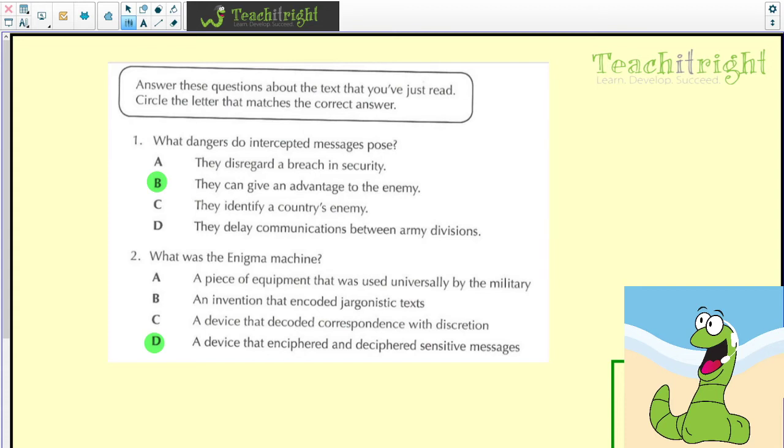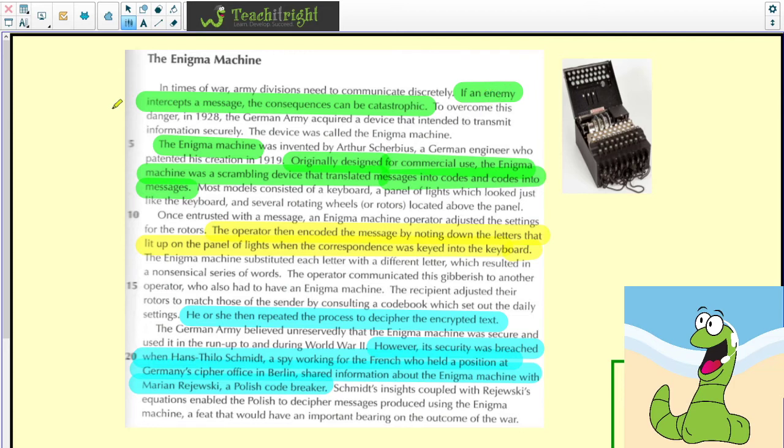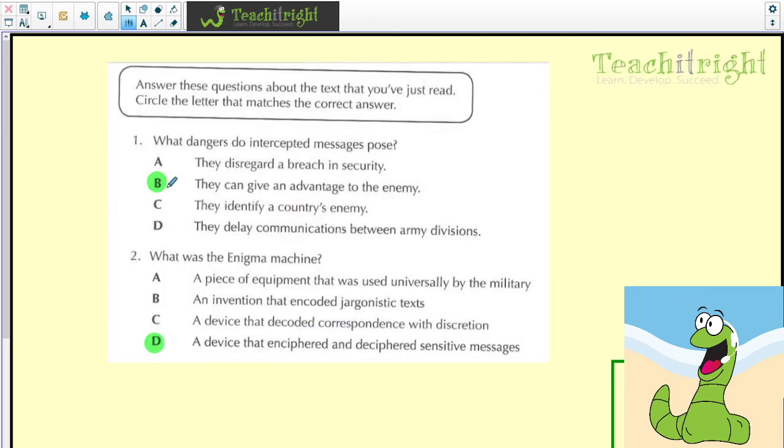What dangers do intercepted messages pose? Well, of course, if they're intercepted, it could be very dangerous for either side and certainly give an advantage to the enemy. So if we have a look at the text, it says in the second line here, if an enemy intercepts a message, the consequences can be catastrophic. So that's definitely the answer for question 1, B.